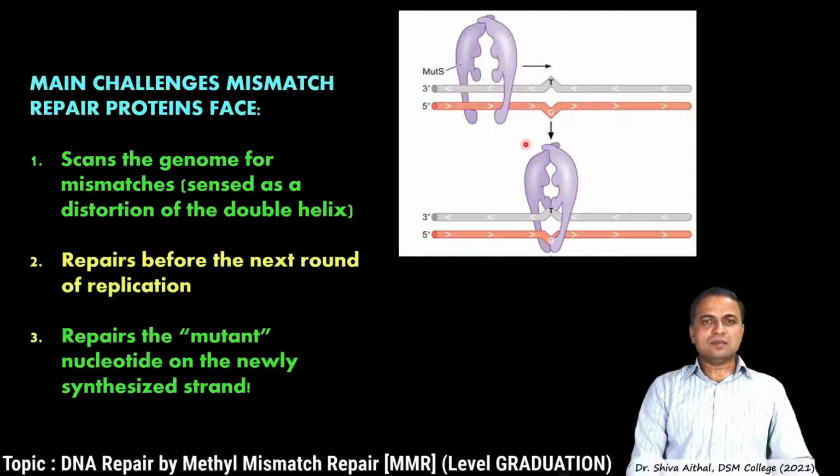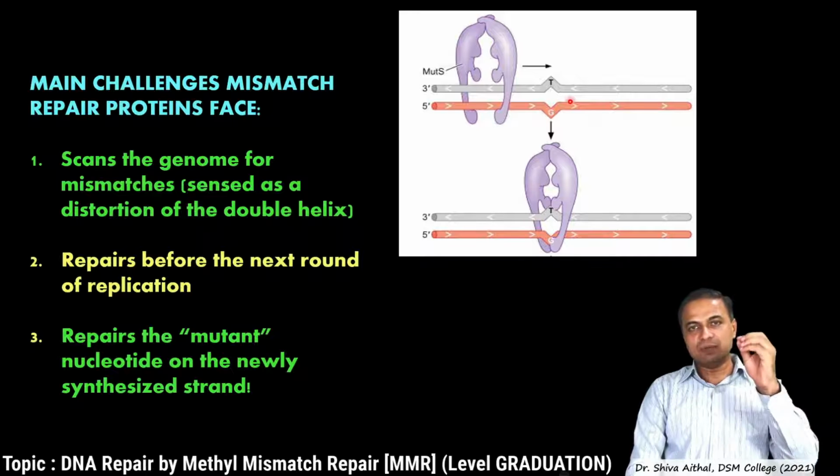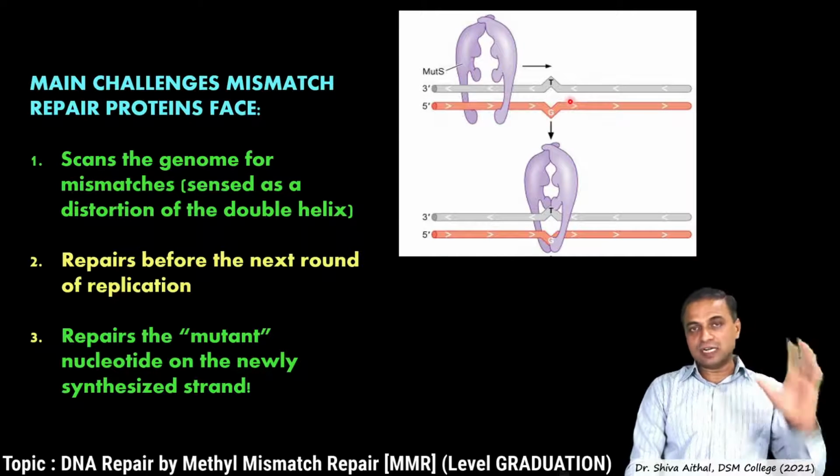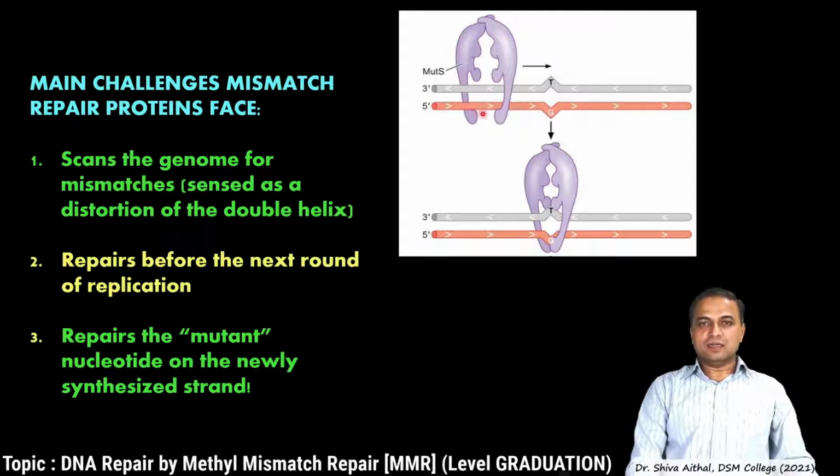Now the main challenge for the proteins to repair is to scan the whole DNA and sense the distortion. That we saw is done by MutS, which is a special type of protein, and the discovery of this MutS was very significant in the history of genetics very recently. So the major challenge for this enzyme system is to scan the genome for mismatches and repair before the next round of replication takes place.